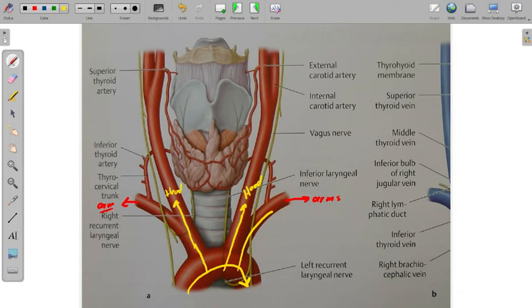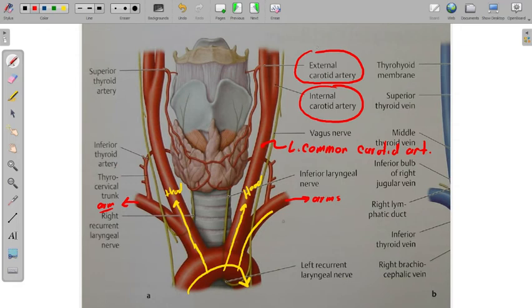So these are the right and left common carotid arteries. They're not labeled. So this would be the left common carotid artery. And the right would be the same. And then we have an internal carotid, and that's going to supply the brain. And then we have an external carotid, which is going to supply the face and everything else.